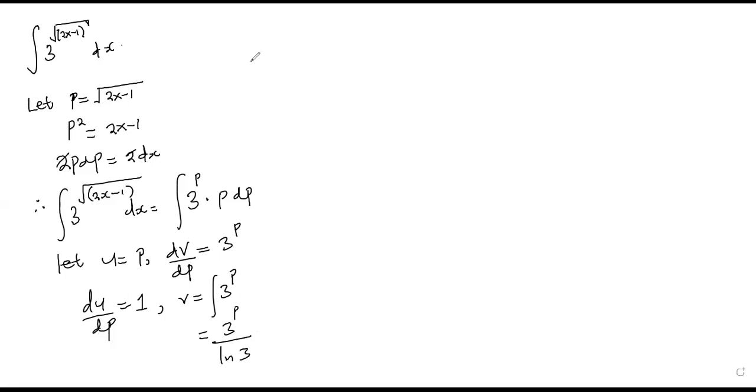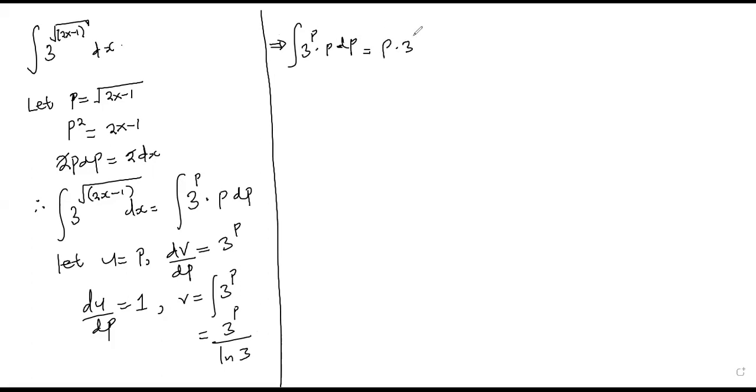Interesting. So looking at this, we can merge it and we say that this implies that our integral of 3 power p dp is equal to uv. Our u is p, our v is 3 power p over ln 3, minus the integral of v du. V is 3 power p over ln 3, du dp is now 1, so we just say dp.